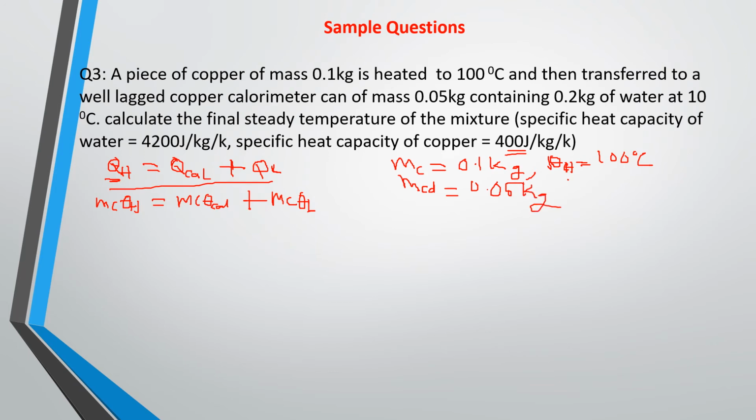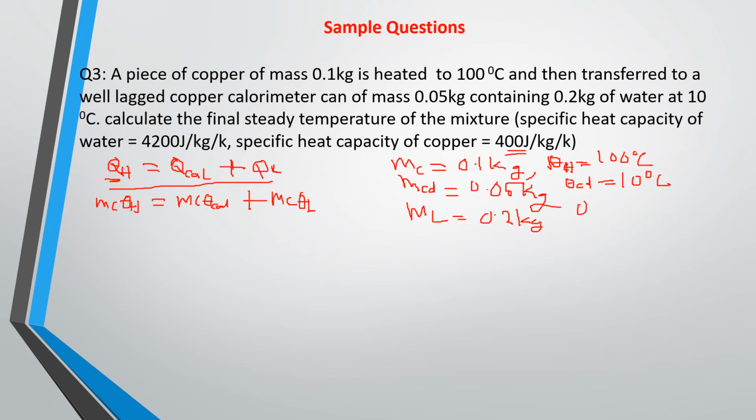Initial temperature of calorimeter, theta cal, is 10 degrees centigrade. Mass of liquid is 0.25 kg.